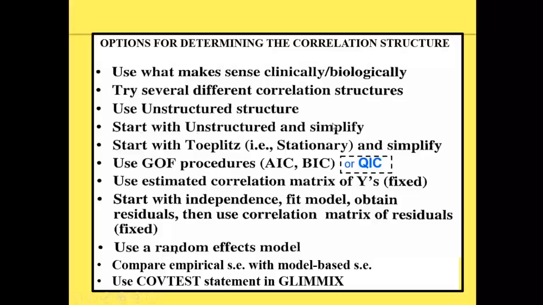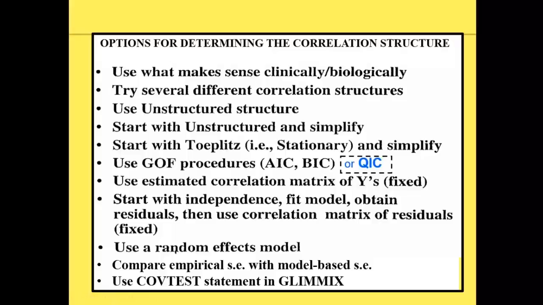Let's look at some of the others. Start with Toeplitz or stationary and simplify. Remember I talked about stationary. One reason for starting with Toeplitz or stationary is that you think it might make sense.